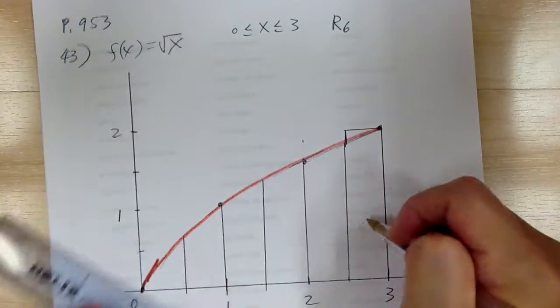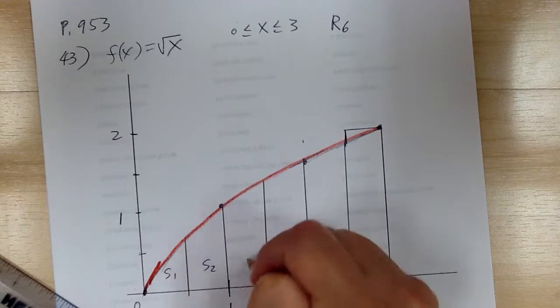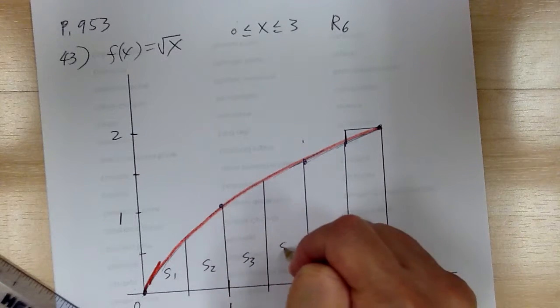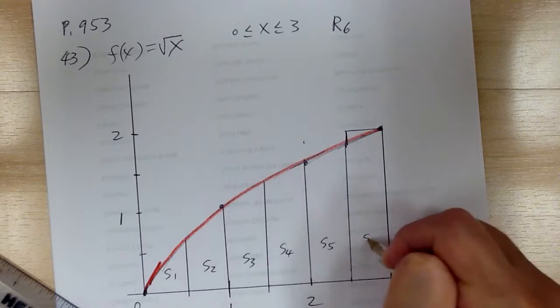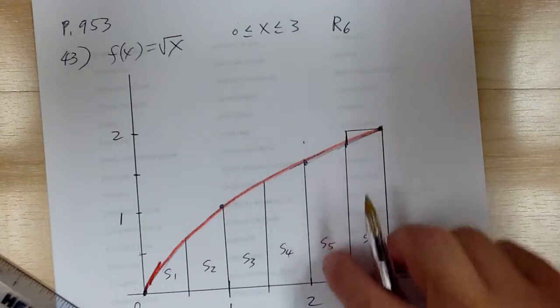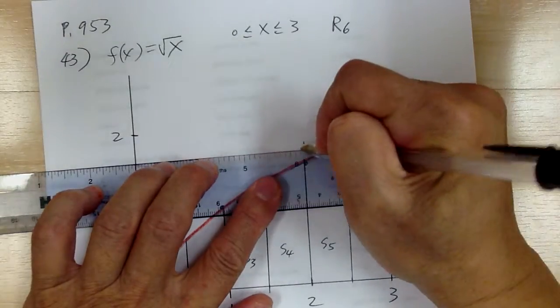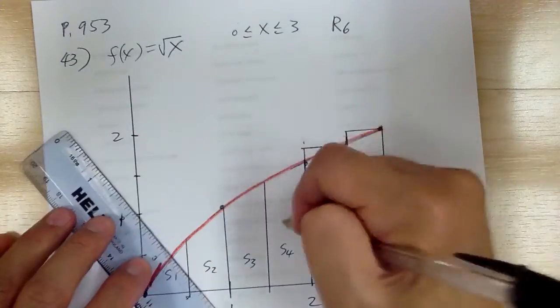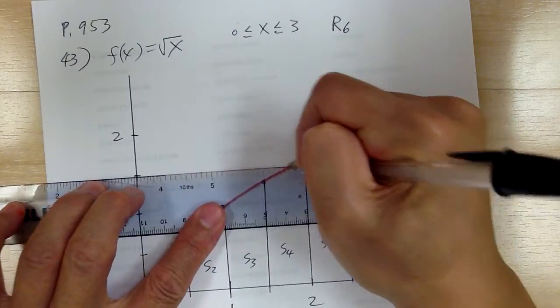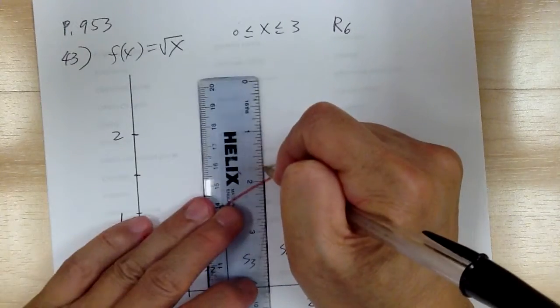So this is S1, S2, S3, S4, S5, S6. So for the fifth strip, again, use the right side as the height. For the 4, you use the right side as the height.